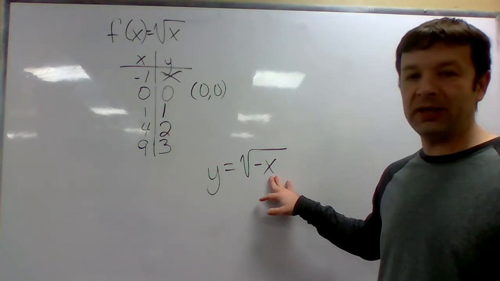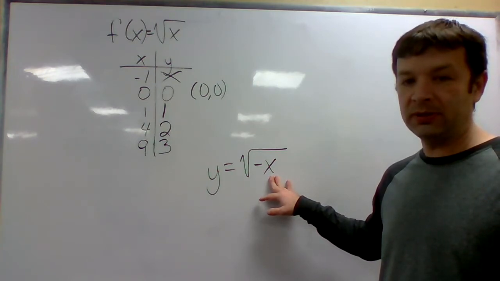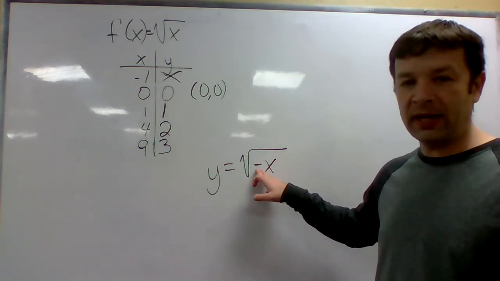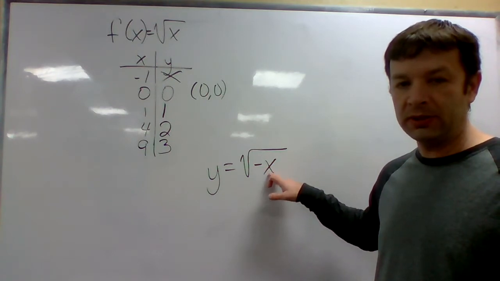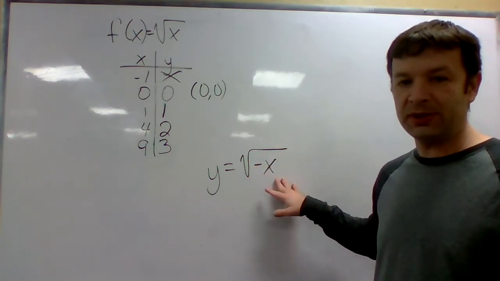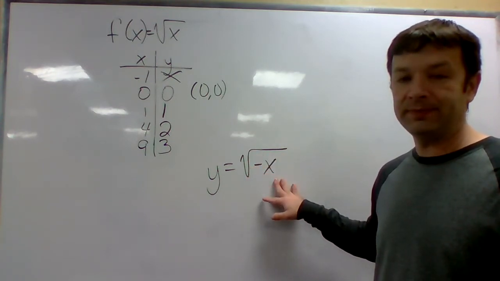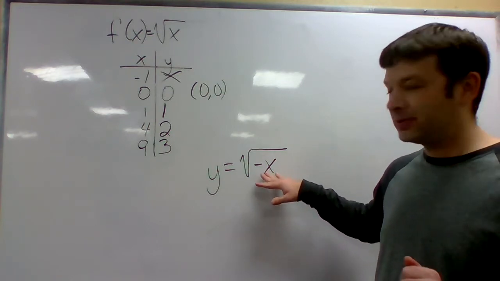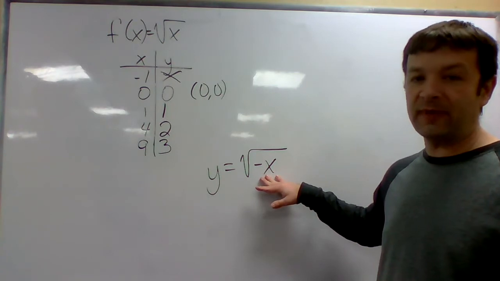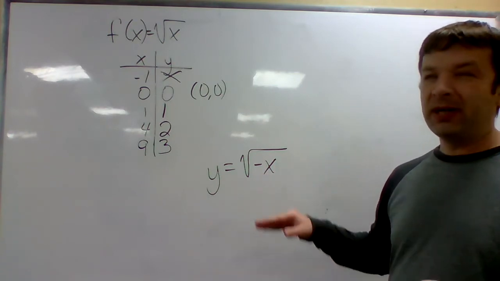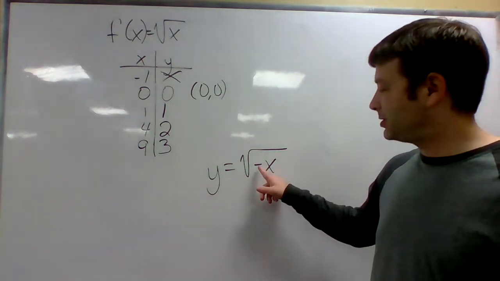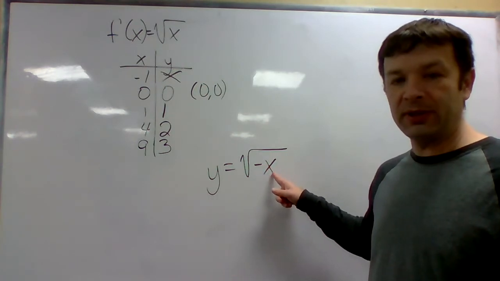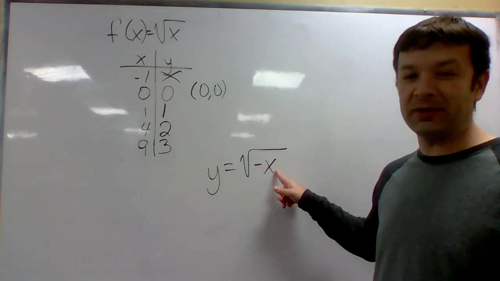But if I plugged in, let's say, a positive 1, then I would have negative 1, square root of negative 1, which is, imaginary, not real. Okay? Something weird. So a positive 1 in this case doesn't work. If I plug in positive 2, positive 3, all those won't work because they turn into negative 1, negative 2, negative 3.